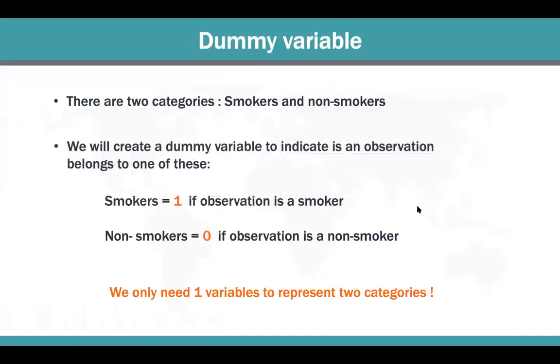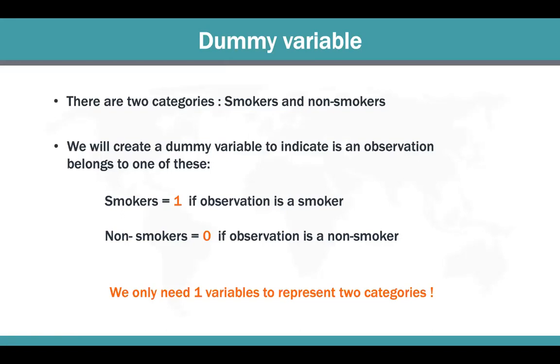So I can show you what a dummy variable is by using our data. In our data, there are 2 categories, smokers and non-smokers, and we will create a dummy variable to indicate if an observation belongs to one of these.